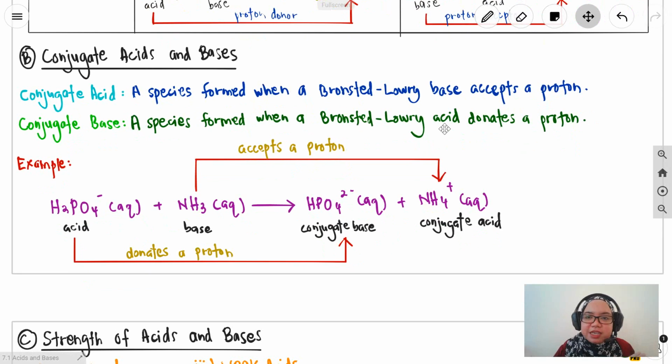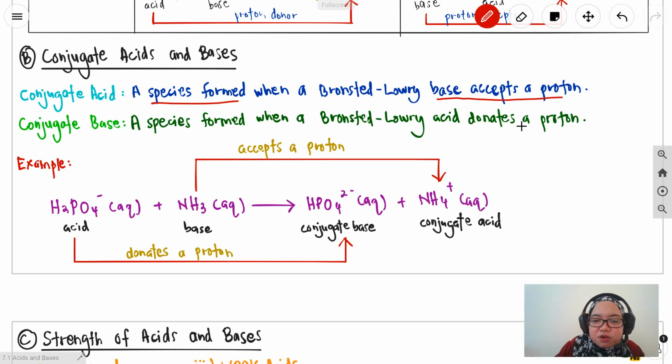So what is a conjugate acid and a conjugate base? A conjugate acid is a species that is formed when a Bronsted-Lowry base accepts a proton.